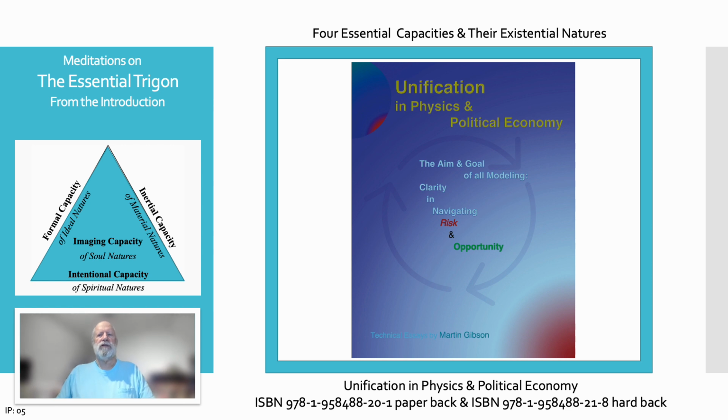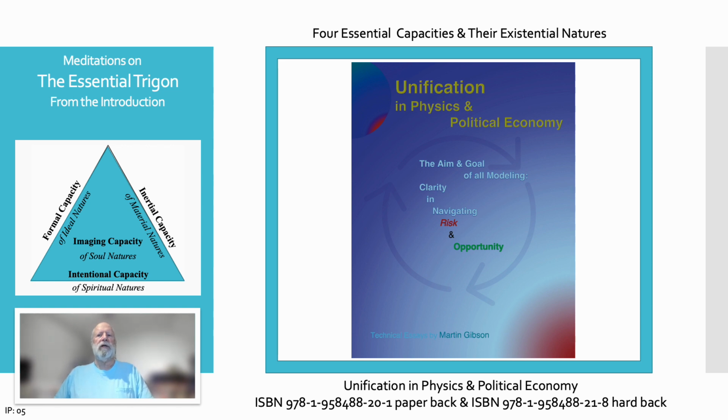Linked references in the second section of the chapters on Contemplation 2 and 3 are to monographs related to modeling a physical theory, 7 of those, and investigative political economy, 3.